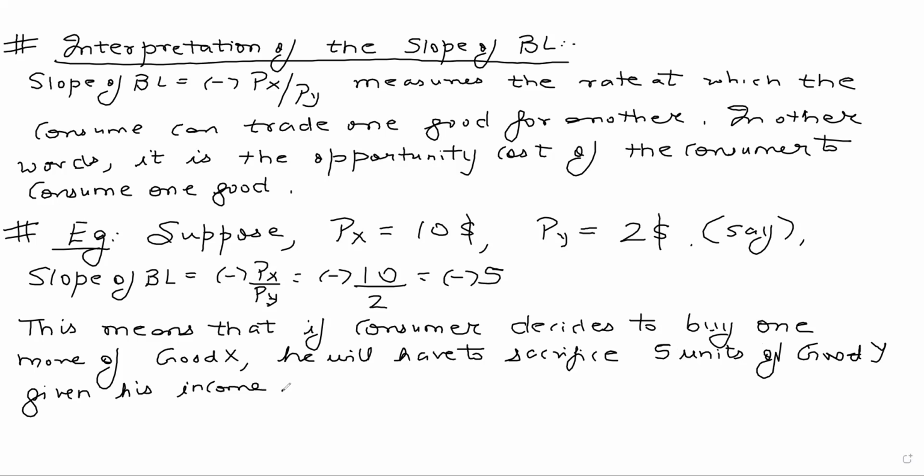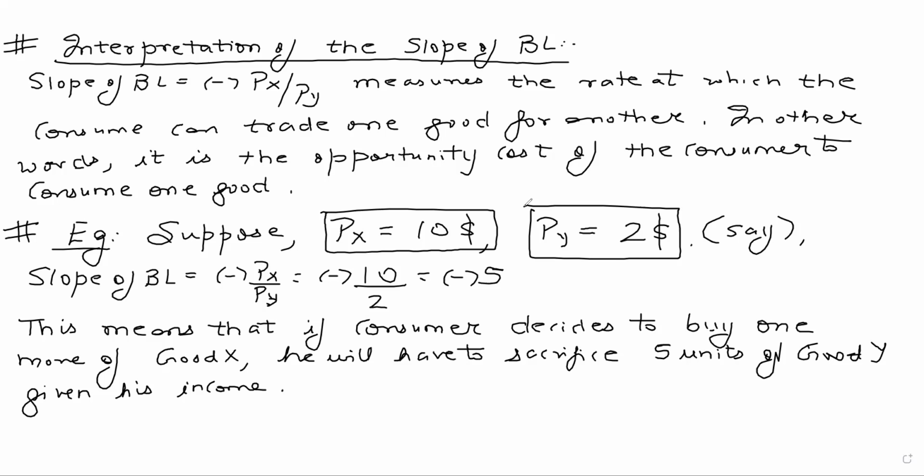So you can clearly see, guys, good X costs $10, good Y costs $2. Suppose I have $10 in my pocket. If I plan to buy 1 unit of good X, how many units of good Y am I giving up?